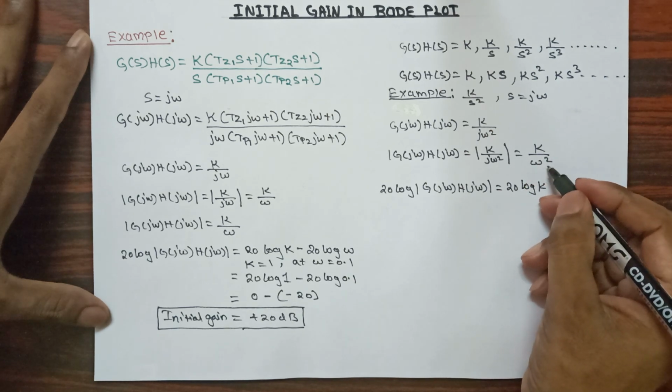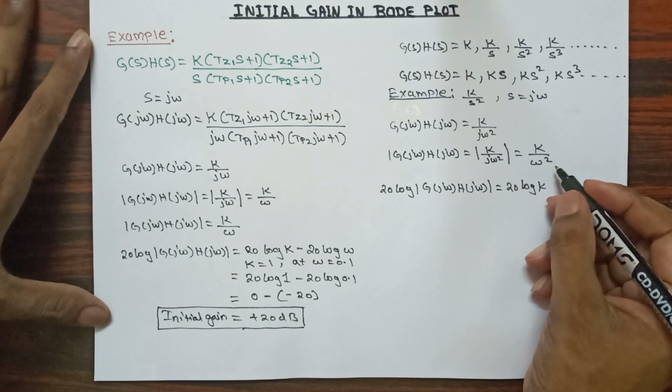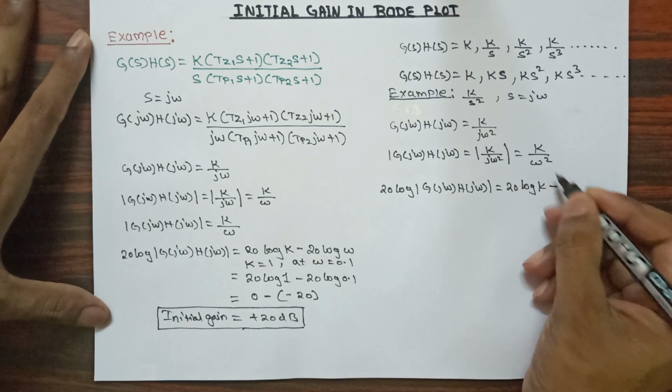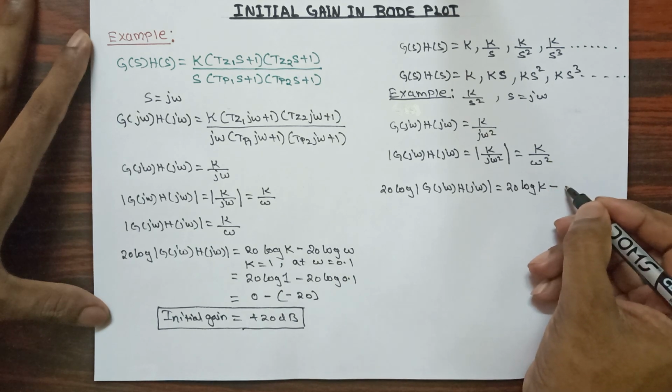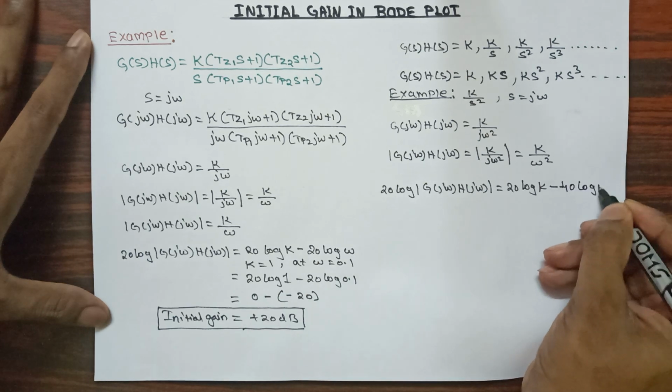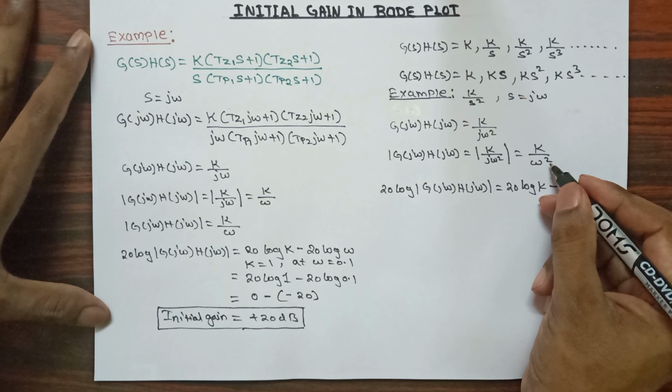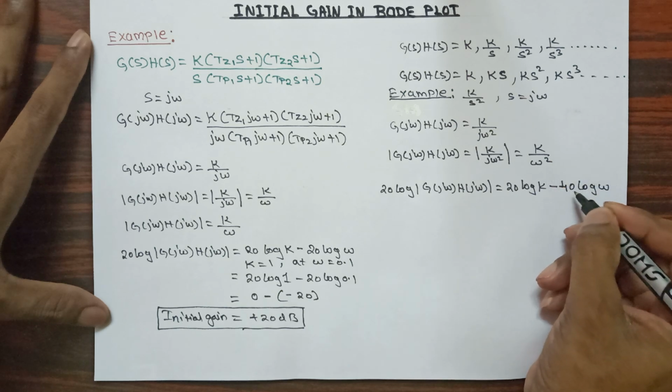Now in the denominator I have ω², so I multiply this 2 with 20, therefore here I get 40 log ω. So whatever the power we get here, that power will be multiplied with 20.